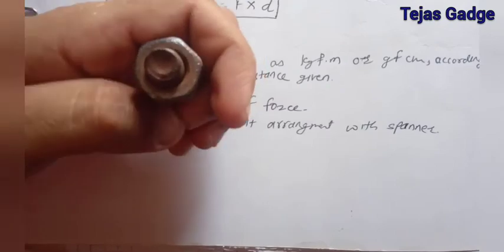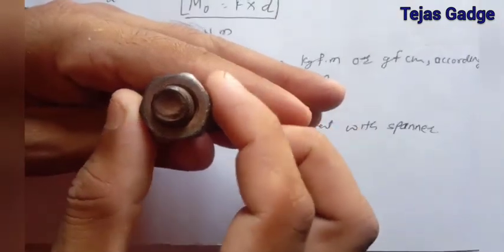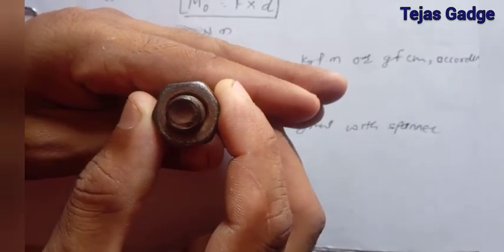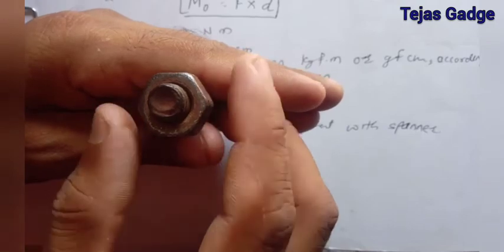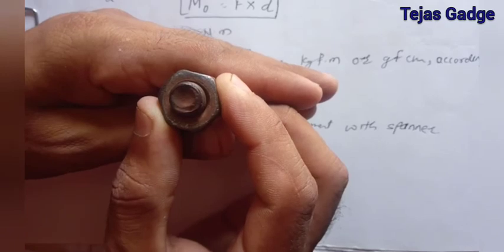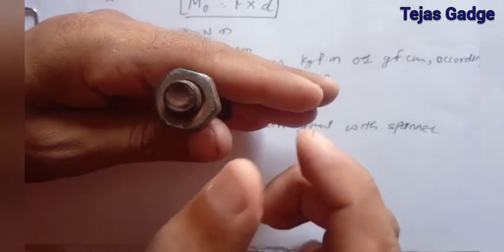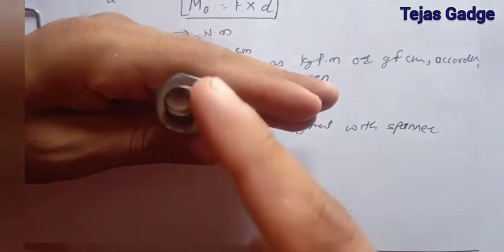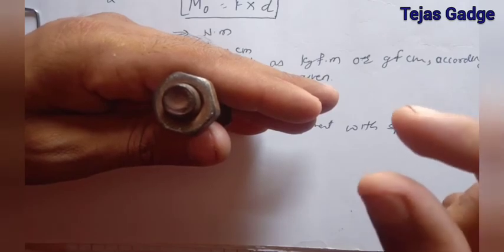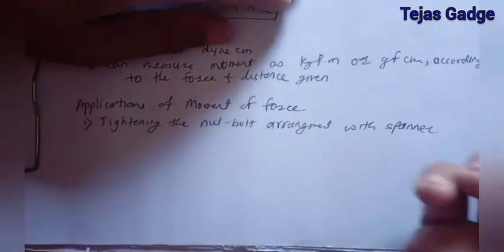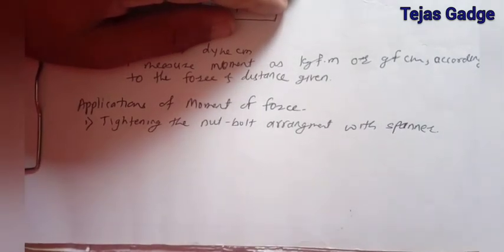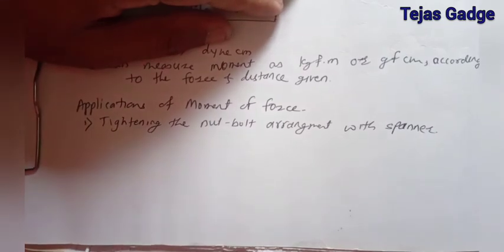Without a spanner, I can apply force at this much distance only. If some moment is required for tightening this nut, and that much moment is created by a smaller force by increasing the length of application of force, which is done with a spanner, then by using a spanner we can easily open or tighten the nut with the least force.